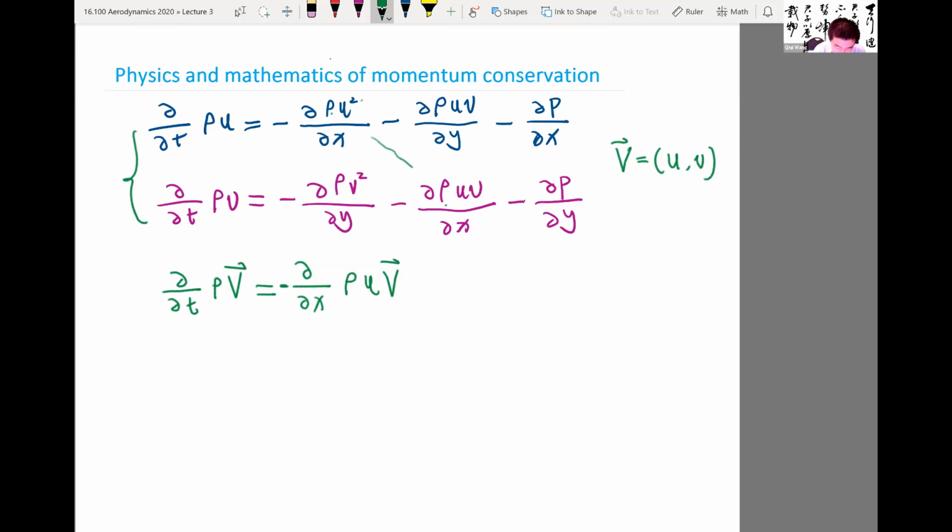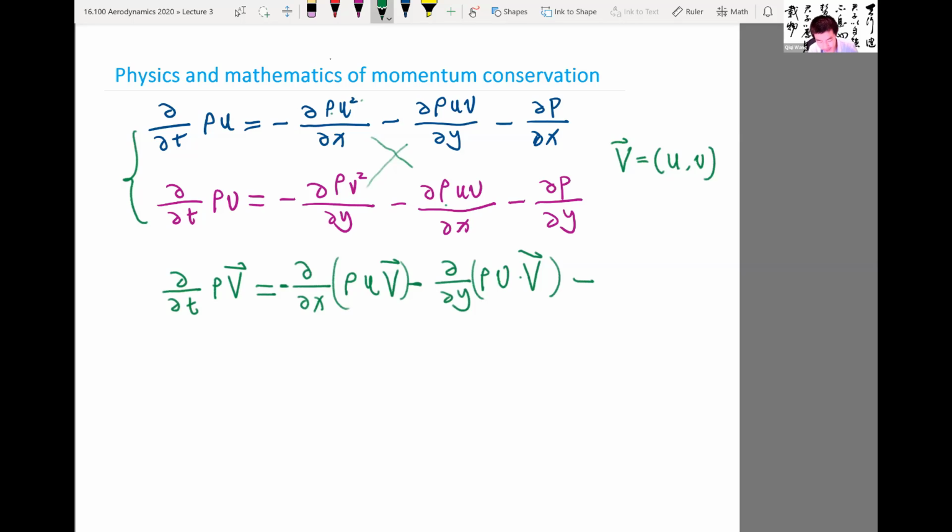And then look at all the terms that have a derivative of y. We have d dy. Again, there is a common rho, there is a common v. And then the first equation has a u, the second equation has a v. Therefore, we have this vector v. All of these are inside the derivative. And then minus, now here's the interesting part. In the first equation, we have a derivative with respect to x.